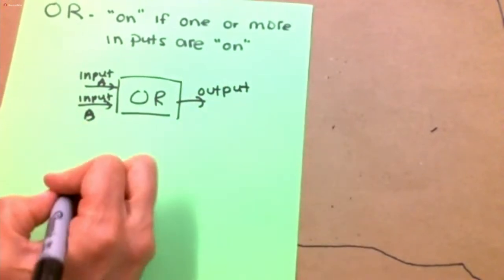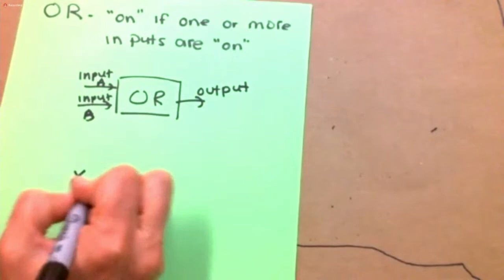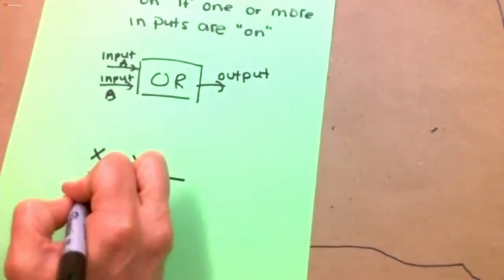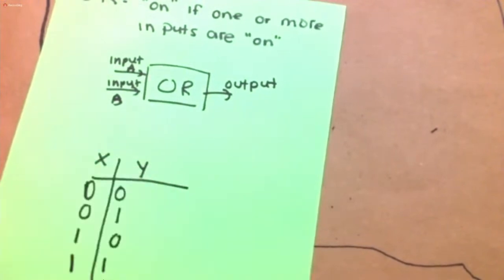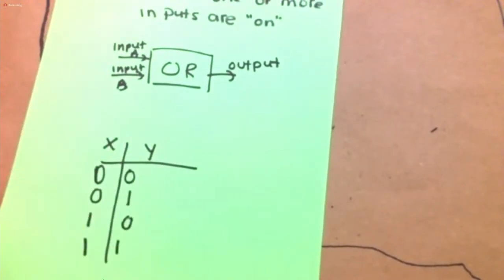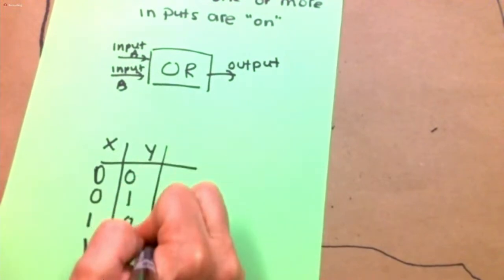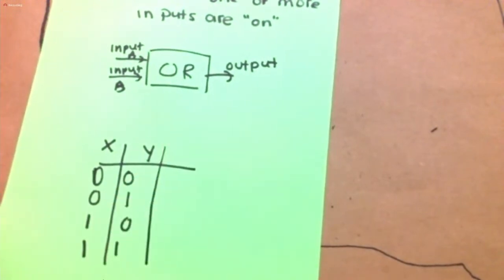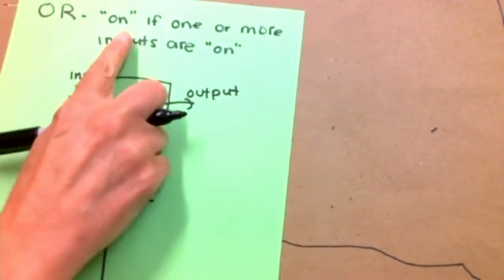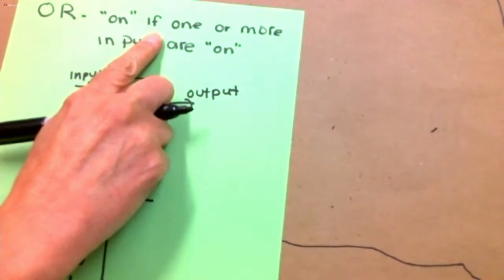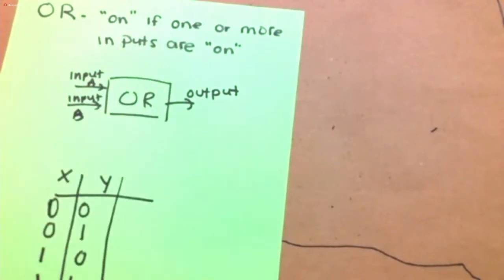In my truth table, I still am going to have an X and a Y, and I'm still going to look at all four of those combinations that I can possibly get for the input to that gate. Then I'm going to figure out what this output would look like based on this definition up here, which is that OR is on if one or more inputs are on.